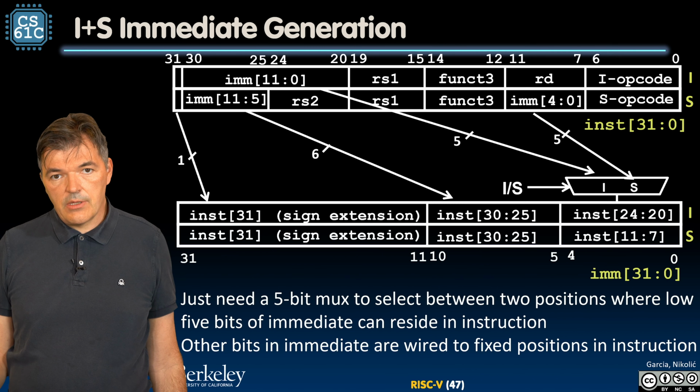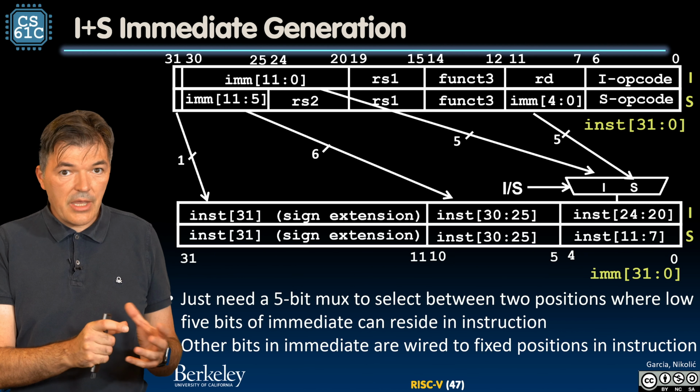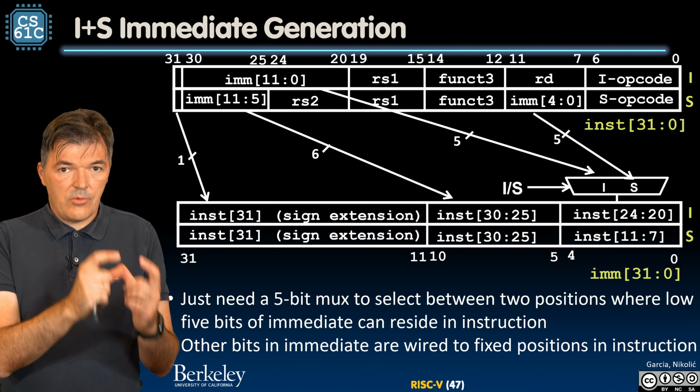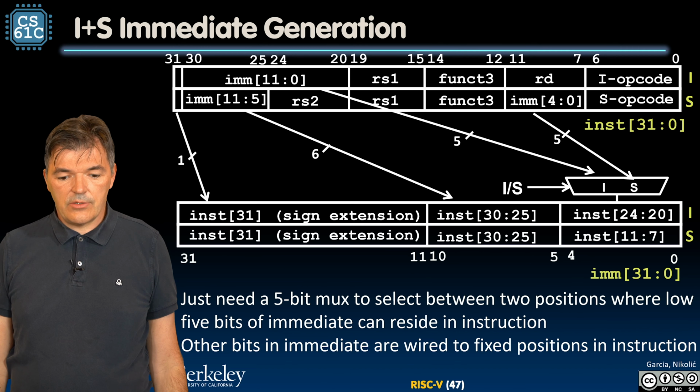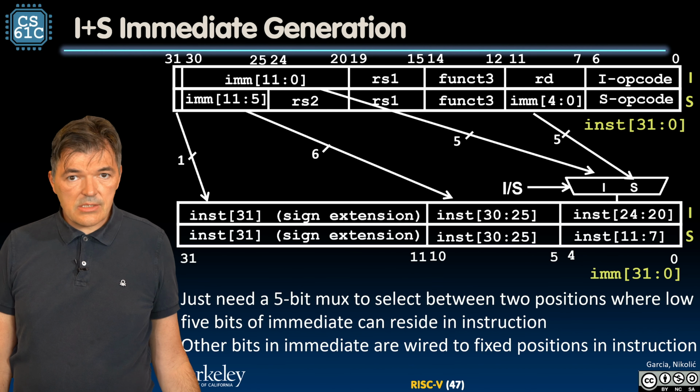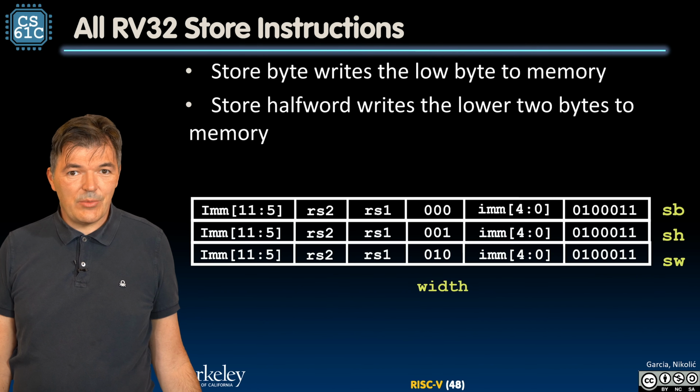In case of an S-type instruction, it is going to take bits 11 to 7. And that's it. That logic design is fairly simple. All we have is the same logic that we have had for I immediate creation, and we are just adding one multiplexer in front of it. And that's most of what we need to implement stores.